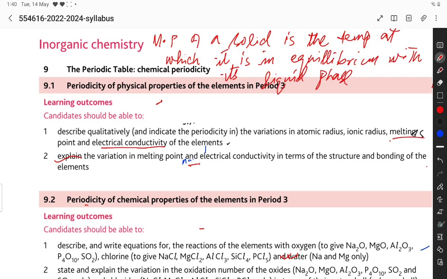So melting point of a solid is the temperature at which it is in equilibrium with the liquid phase. Melting point across the period, from sodium till silicon, is increased, then decreased afterwards.